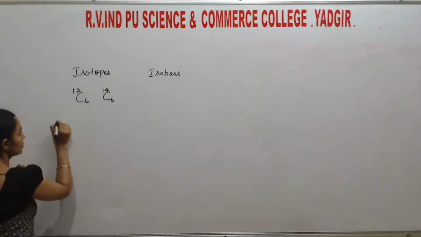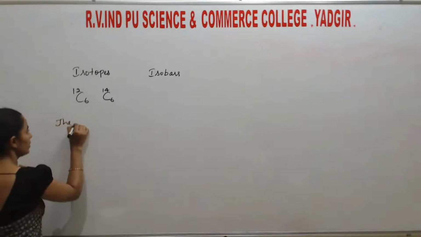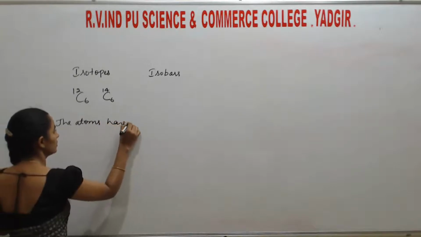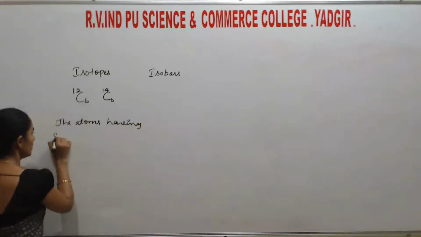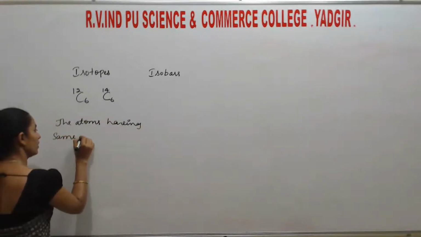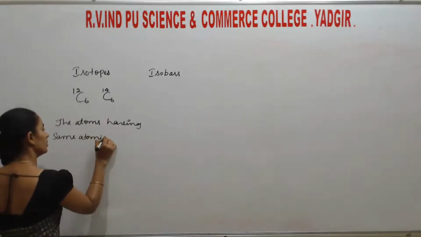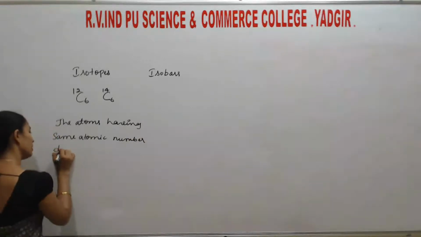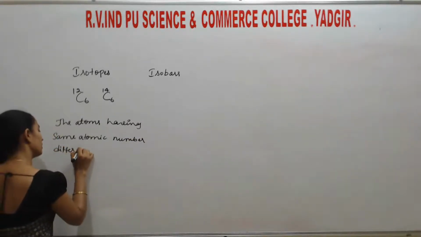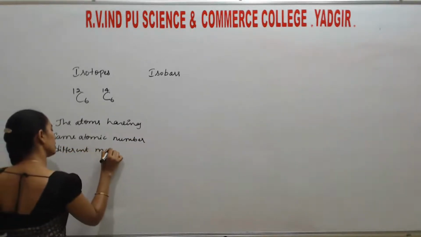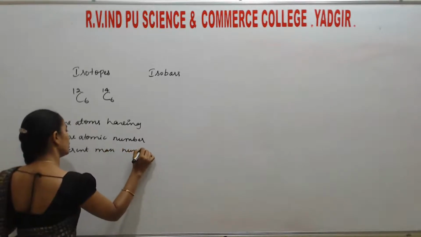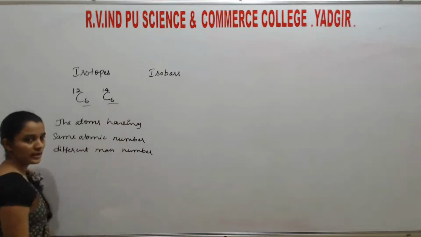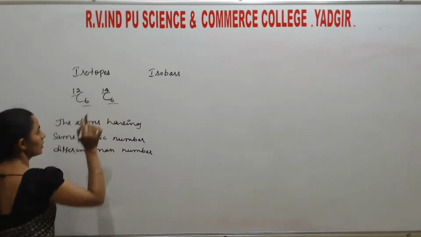So here isotopes means the atoms having the same atomic number, different mass number. Here, students, the atomic number for both carbon is 6, but the mass number is 12 and 14.